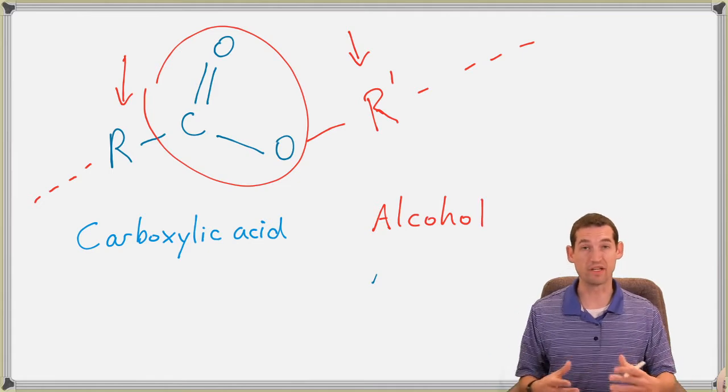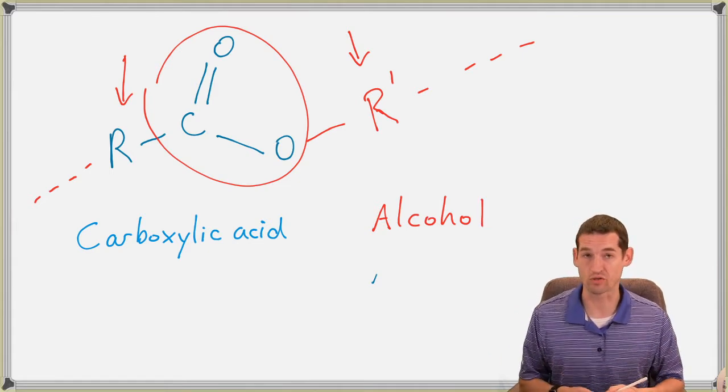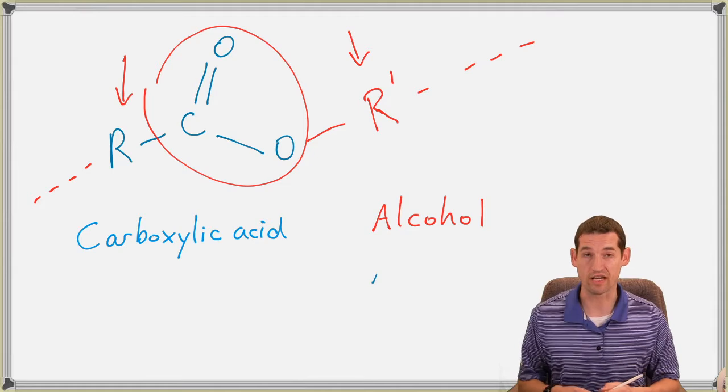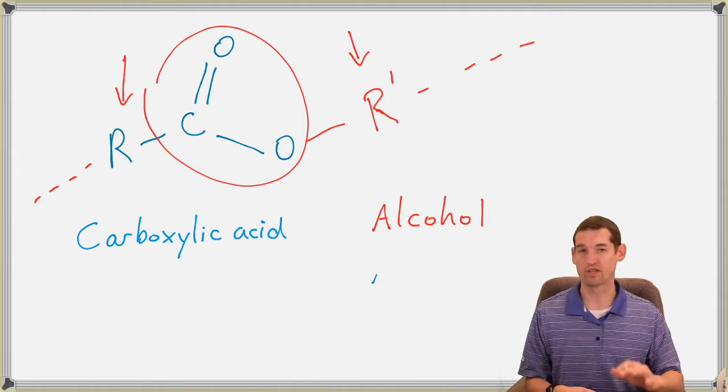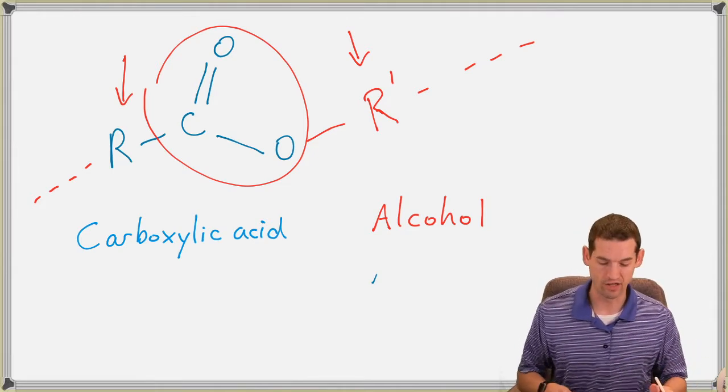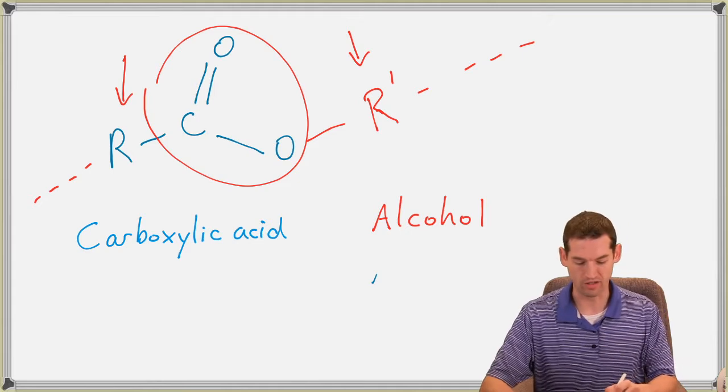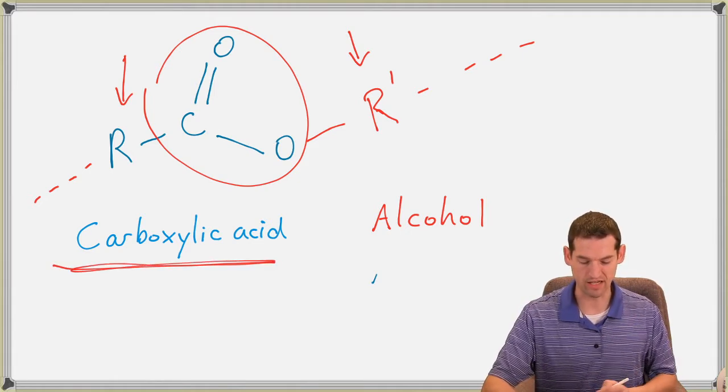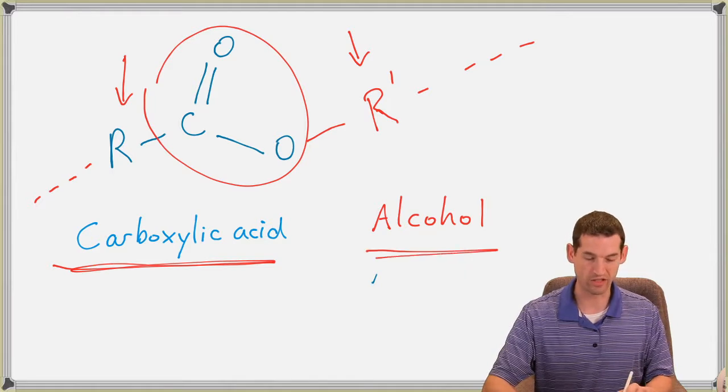The reaction between those two creates the ester. We'll learn more about the specifics of the reaction later, but for now you need to know that this side right here is from the carboxylic acid, and everything over here comes from the alcohol.